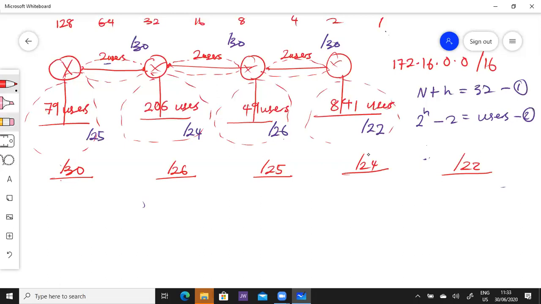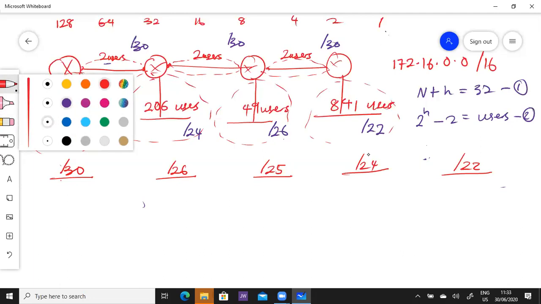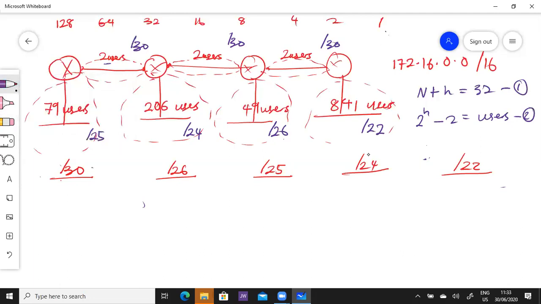Then we should know their block sizes. Block size for /30. Is it 6? Sorry, 4. Block size is 4. Yeah, for /30 it is 4.